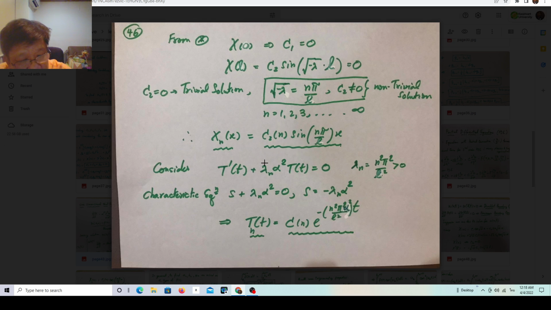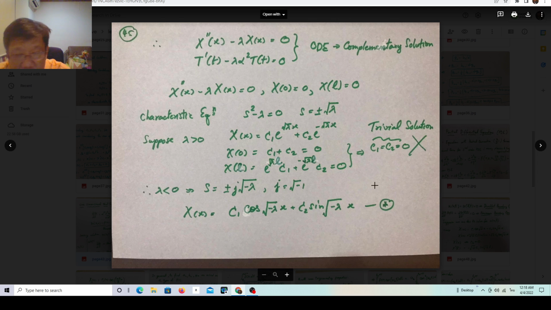And you change the remaining part, the alternate side of lambda becomes lambda sub n here, and you know that the root of the polynomial here is s equal to minus lambda n alpha squared. We know that this has to be a real number, and also a negative value, because you know that lambda is here.